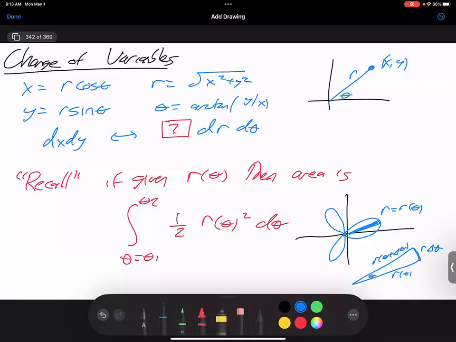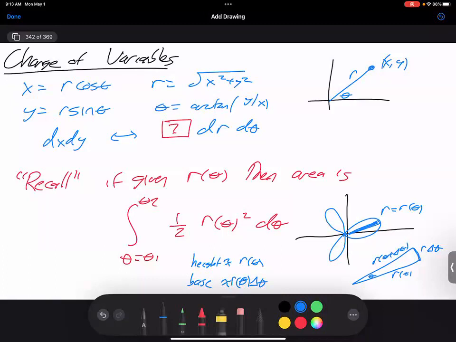So the height is approximately r of theta. The base is approximately r delta theta. And so the area of each of these little triangles is approximately 1/2 r of theta times r of theta delta theta. And that's where the formula 1/2 r of theta squared d theta comes from.